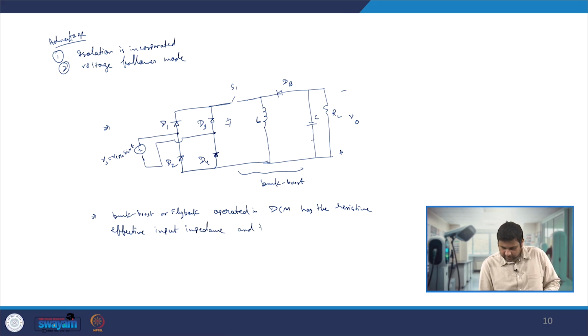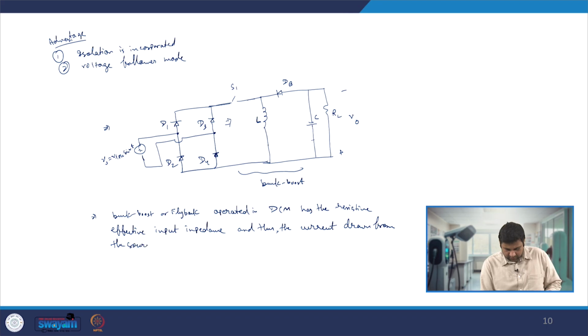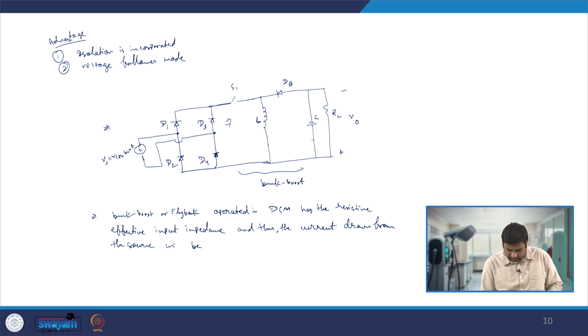and thus the current drawn from the source will have sinusoidal variation.